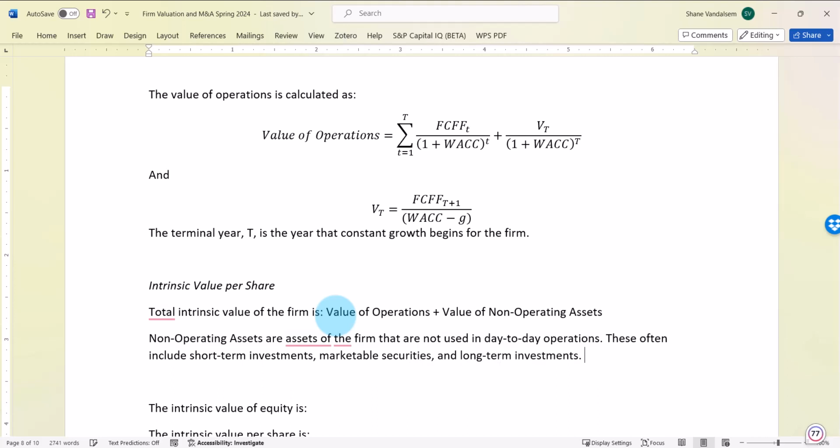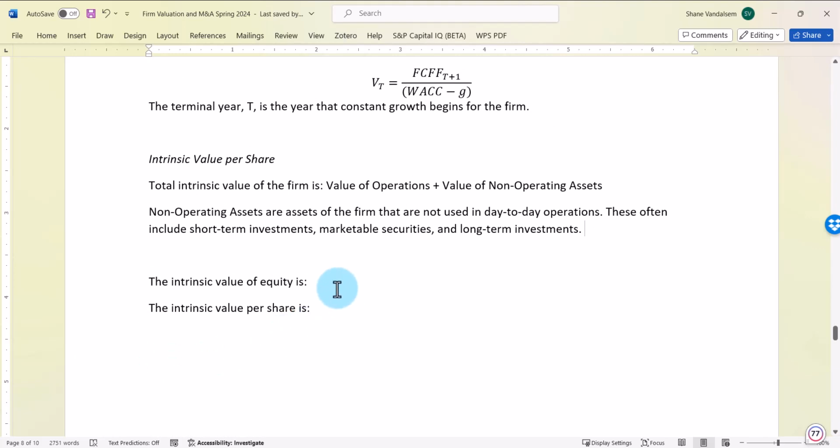So the first two items there, and sometimes the third, is just excess liquidity that the firm has. So if the firm has extra cash or extra liquid assets, they might invest it into things like marketable securities or short-term investments. And if they expect to have that for longer than a year, sometimes they'll also invest in long-term investments. But they're assets the firm has that are not used in its day-to-day operations. So that's the total intrinsic value of the firm.